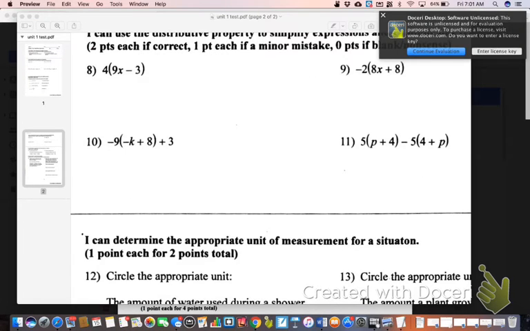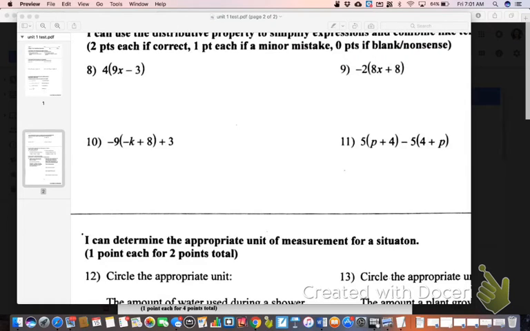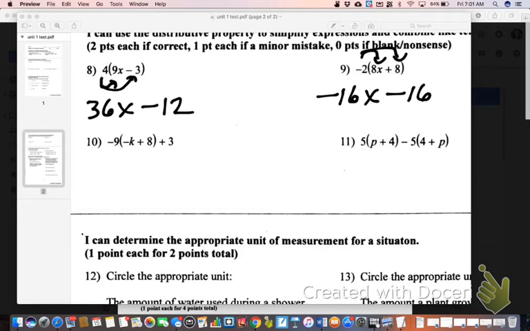Okay, for all of these, we're simply doing some distributive property. So I've got 4 times a 9x, which is 36x, and then 4 times negative 3, which is a negative 12. Here, I've got negative 2 times 8x, which is negative 16x. Then I've got negative 2 times 8, which is negative 16.